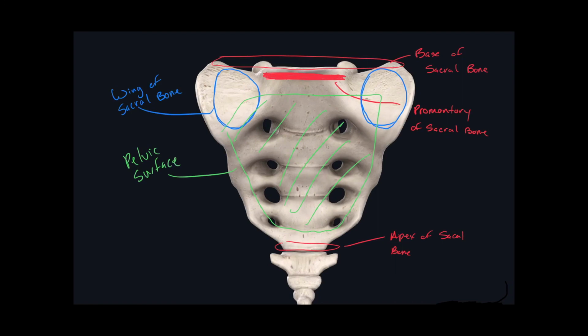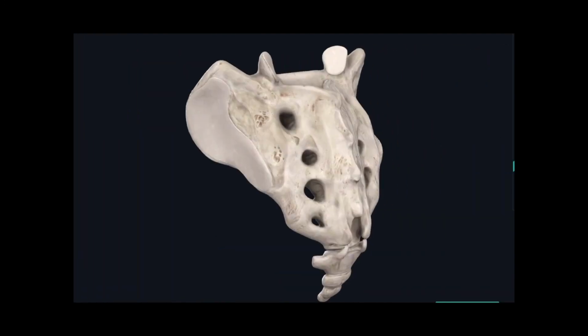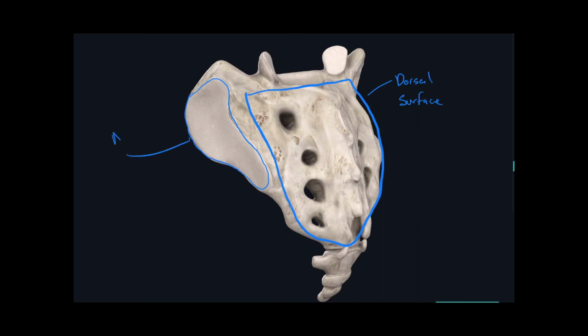On the posterior aspect of the sacral bone, this entire surface is called the dorsal surface of the sacral bone. And then the last surface, so there are 3 total, is this surface right here. It looks like an ear, so we're going to call that the auricular surface.